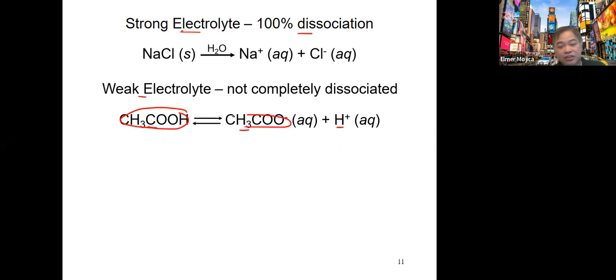Why? Because only a small amount of it dissociates into ions. So this is the one that is related to strong acid and strong base. So ano pang kind ng non-electrolyte, electrolyte na hindi kasama dito? Yung hindi nagdi-dissociate. Yun yung tinatawag na non-electrolyte. Anong example ng non-electrolyte? Anyone?